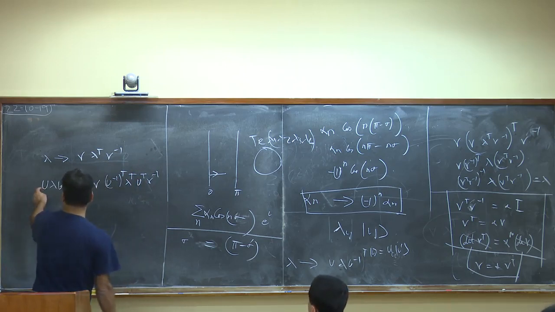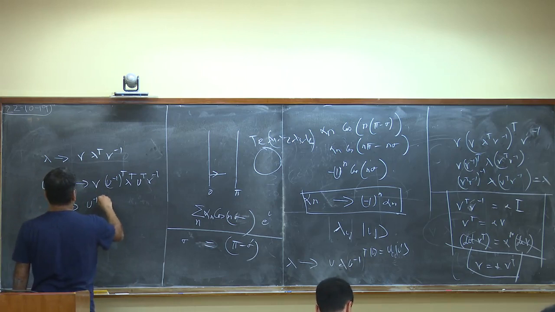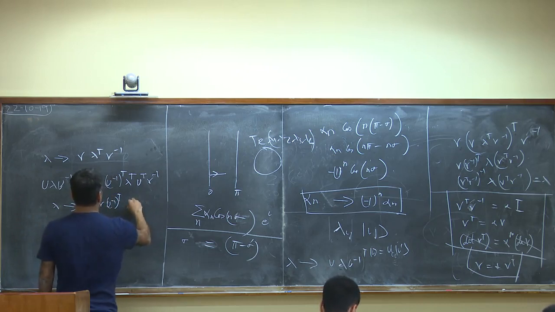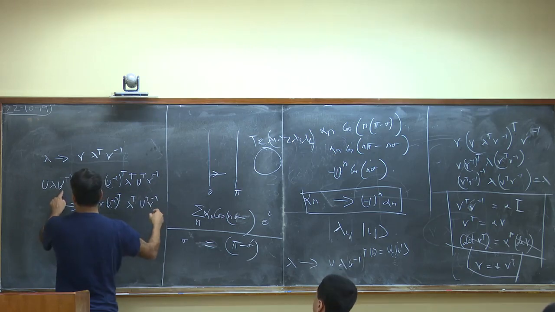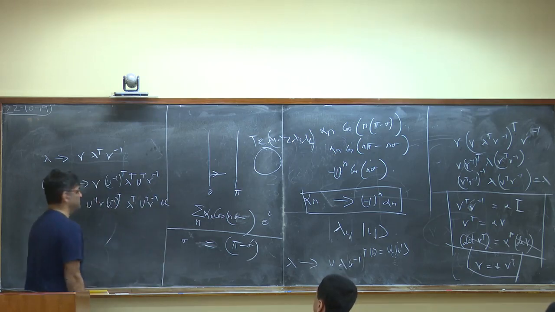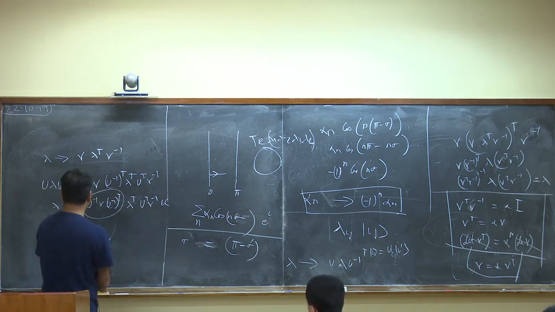Okay, now we take this u inverse here. So that's lambda goes to u inverse gamma u inverse transpose lambda transpose u transpose gamma inverse and u. Okay, so this is the effective transformation rule that we've put here.